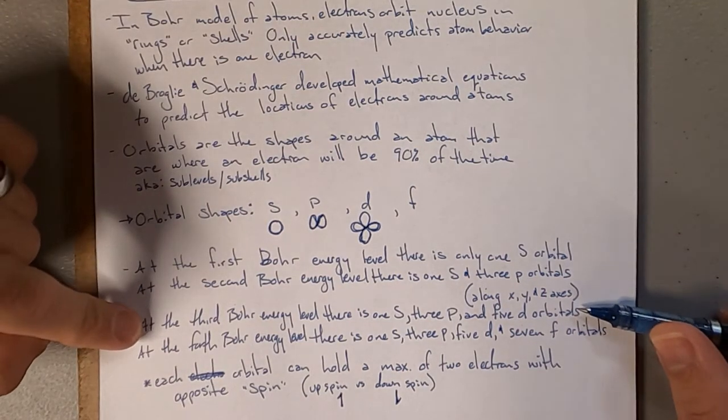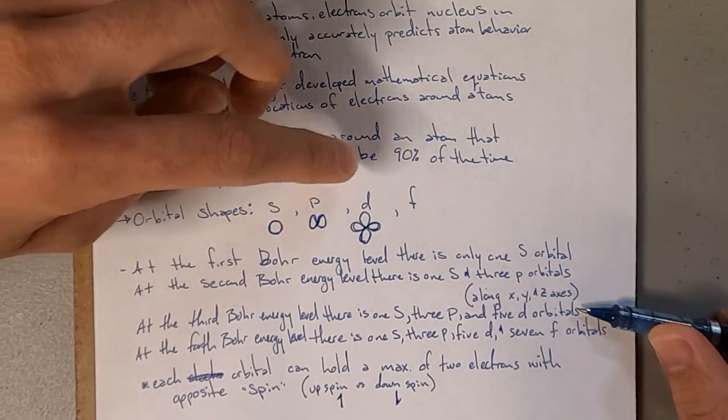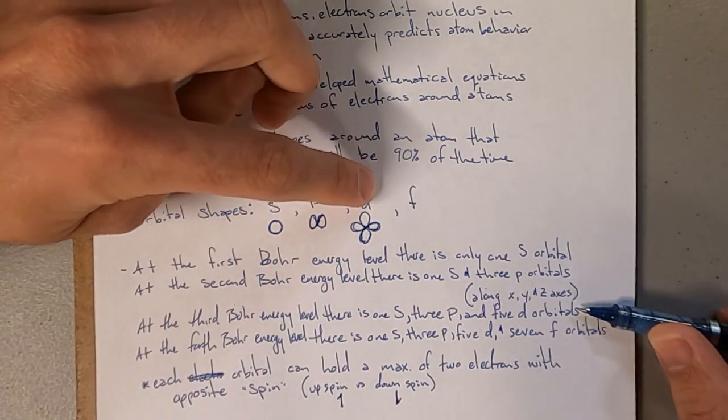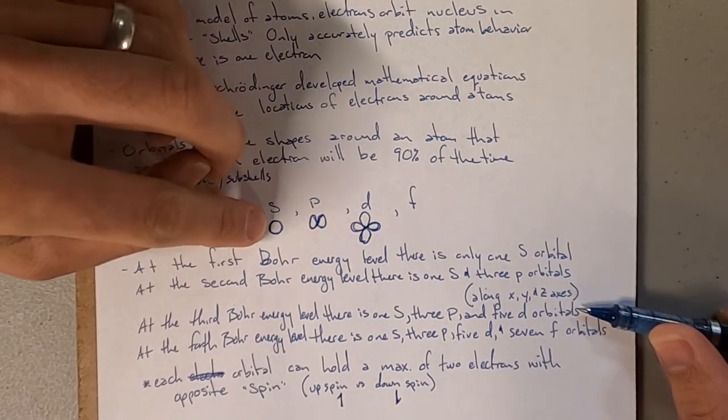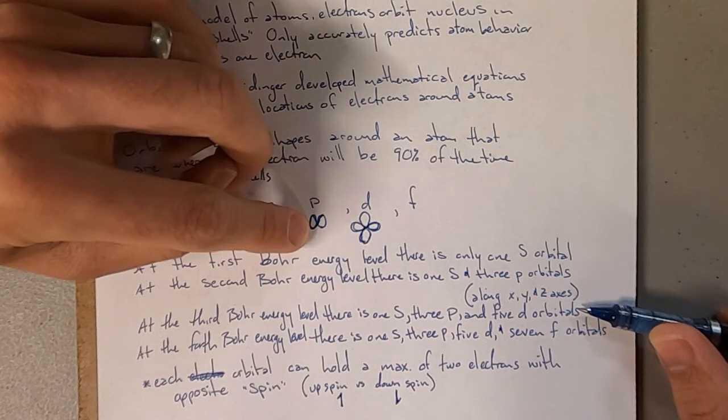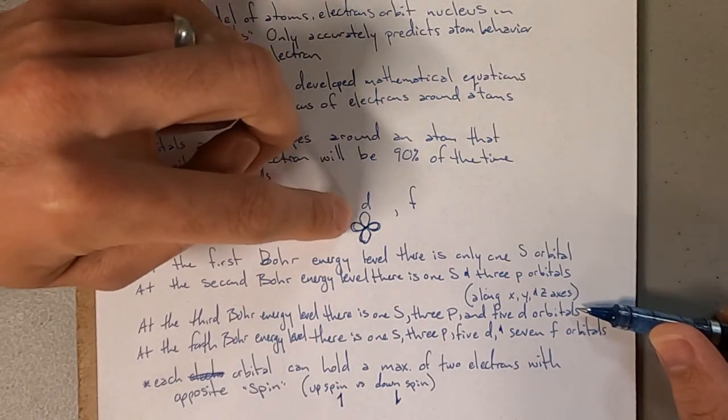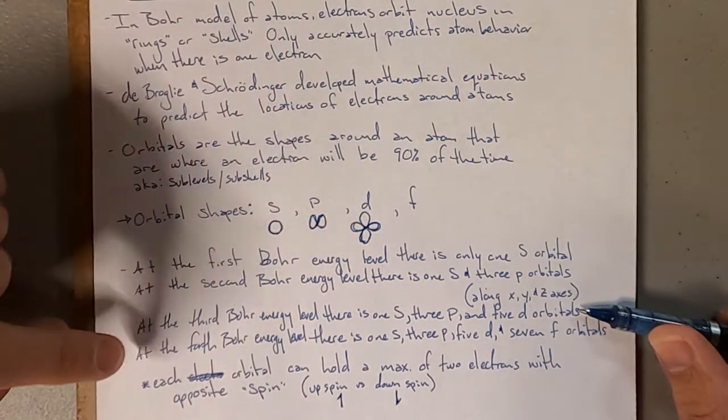The third Bohr energy level, because it has s, 3 p, and 5 different d orbitals that each can hold 2 electrons, can hold 18 total. 2 here, 6 because of the 3 p orbitals, and another 10 because of the 5 d orbitals.